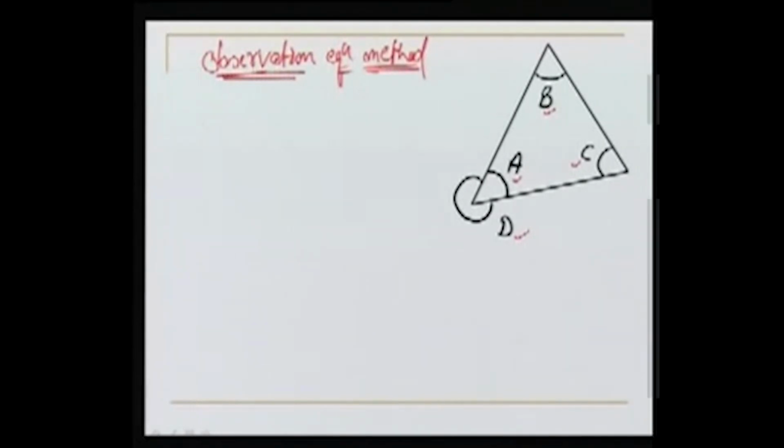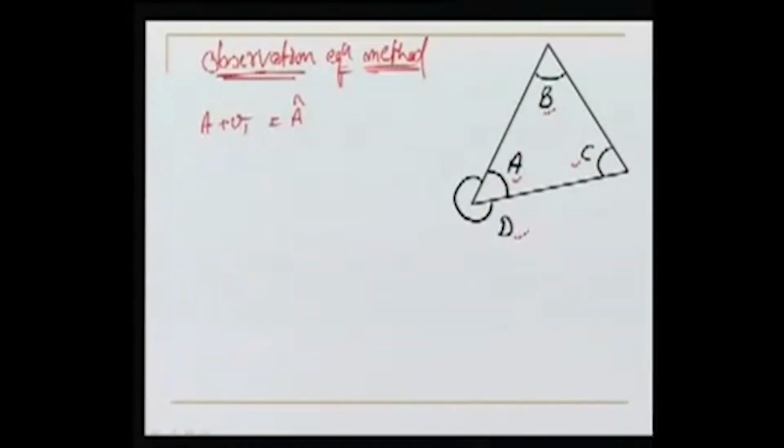We can write number 1, A plus V1 is A hat. And in these equations, as we have seen earlier also, in the observation equation that we are writing here, we write the equations including the observation as well as the parameter. We relate them. So how are we relating them here? The observation is A, V1 is the residual and this is the parameter.